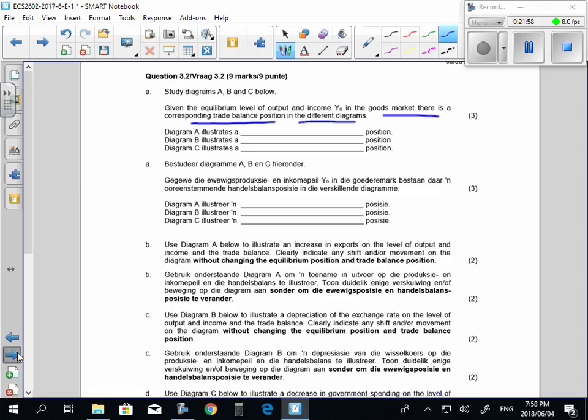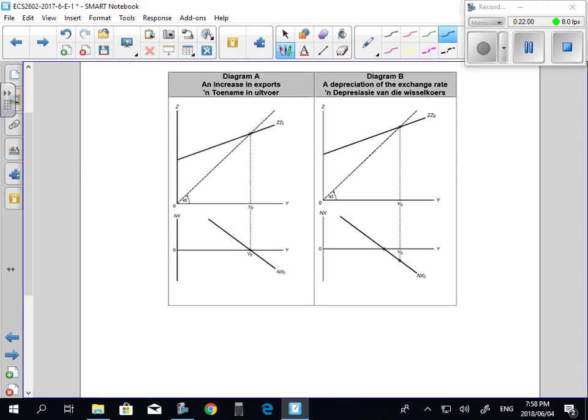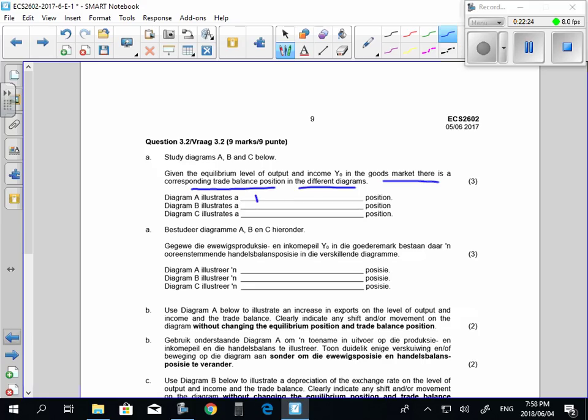So in diagram A, we can see that at the point of equilibrium, we've got Y0 on your 0 point of your net exports curve. Okay? So when that happens, exports are equal to imports. So if exports are equal to imports, you've got trade balance.